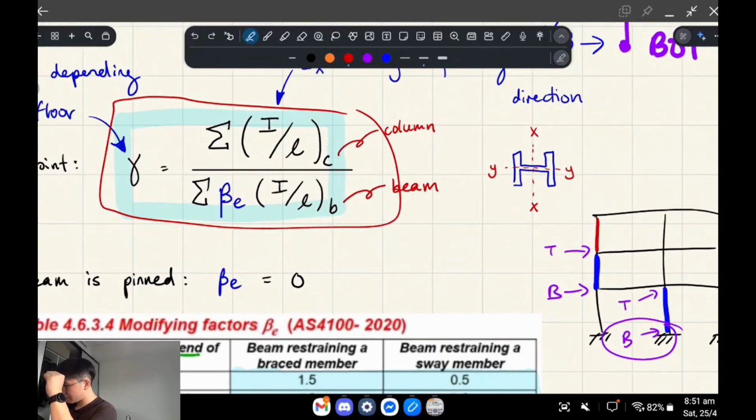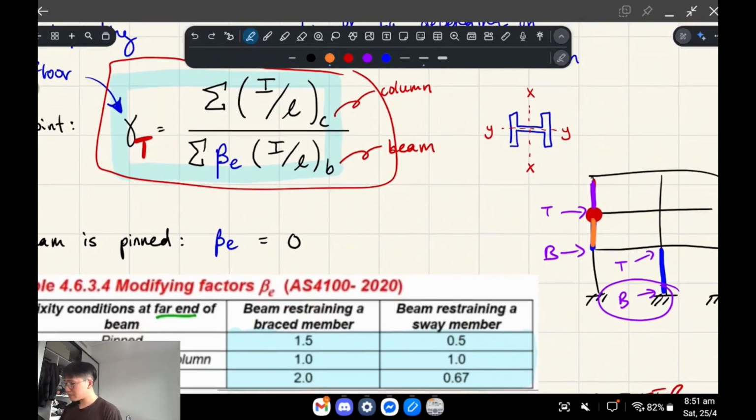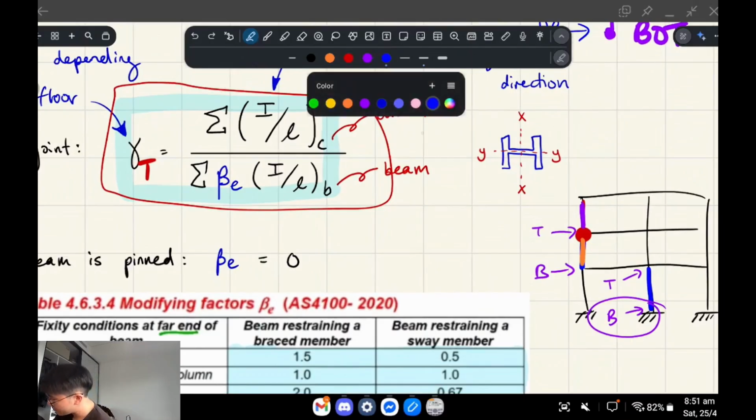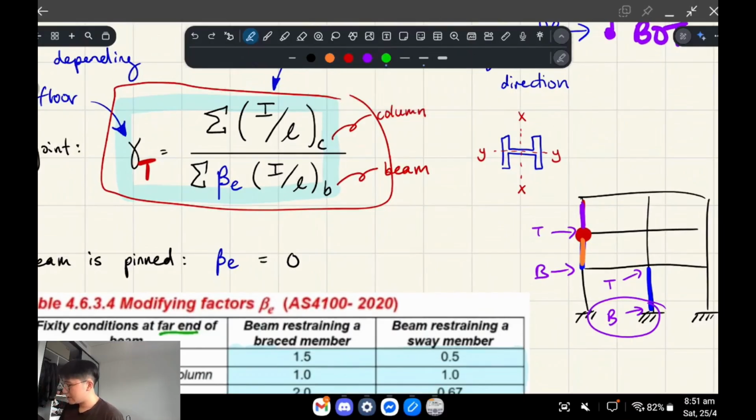Let's say we're looking at this node, and we're analyzing gamma top. The sum of the columns means the column above it and the column that we're analyzing itself. So it's to do with the connectivity to the node. And then, I'm running out of colors, let's go green, for the beams: the beams that are touching that node as well.